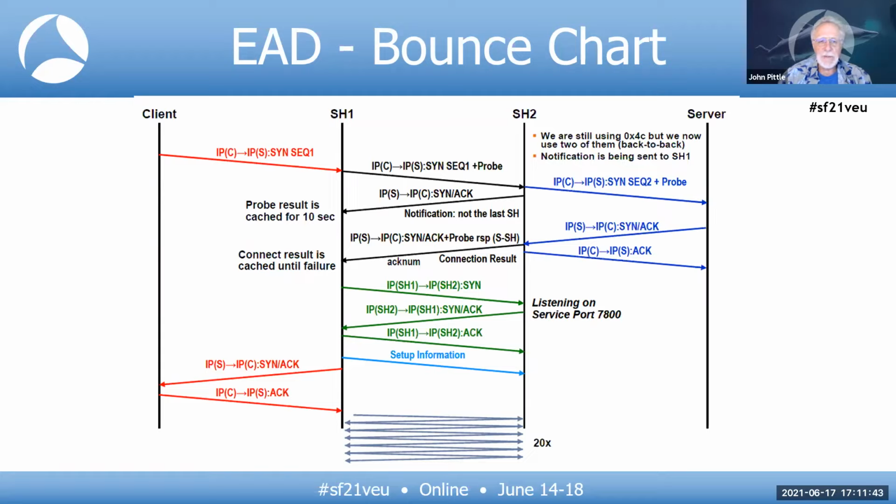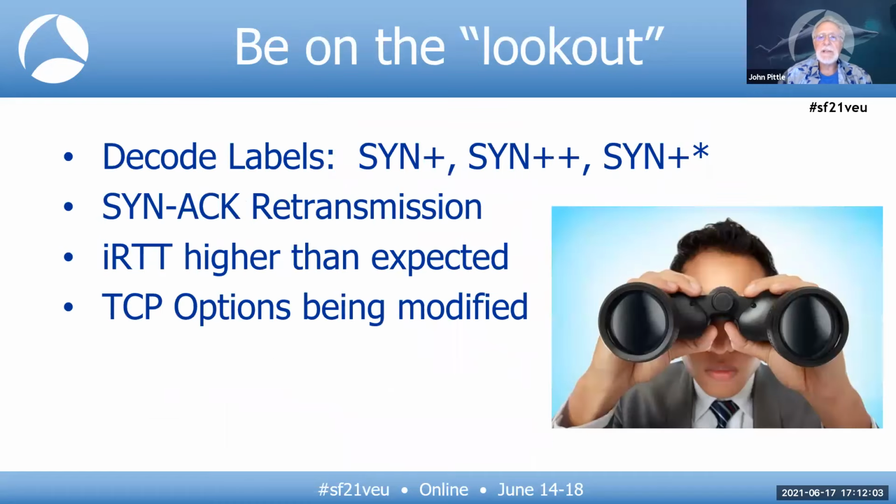And we'll complete the 3-way handshake with the server-side steelhead, in this case steelhead number 2. The 2 steelheads start to negotiate some control mechanisms and settings, and then eventually steelhead 1 will complete the 3-way handshake with the client. We're going to look at that in some detail coming up here.